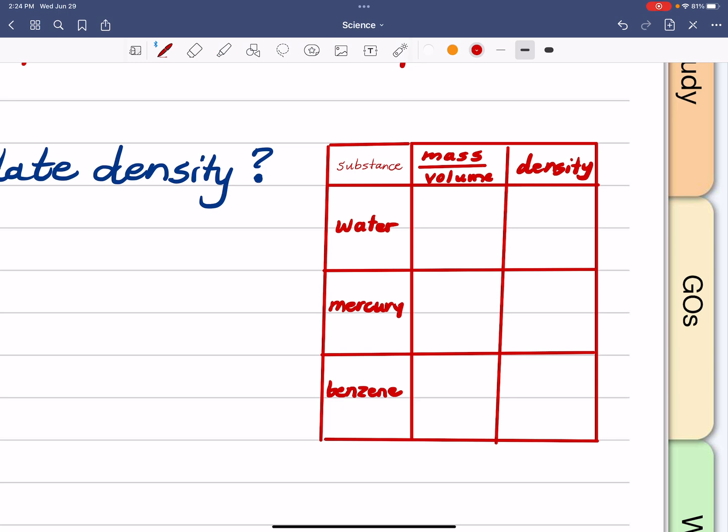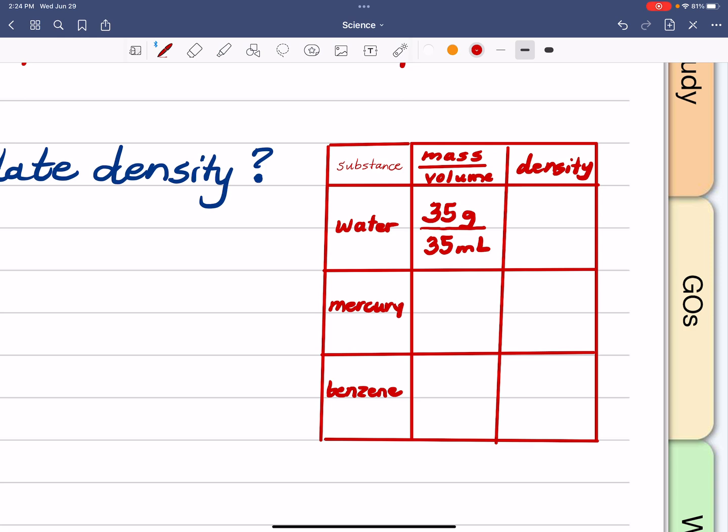I'm going to tell you that 35 grams of water, that's the mass, will match up to 35 milliliters volume.